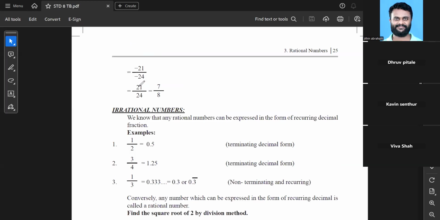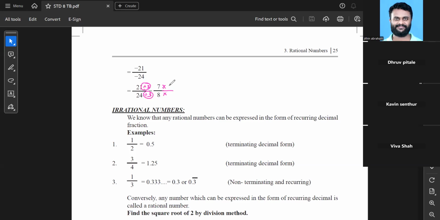See, basic thumb rule. What happened over here? You divided 21 by 3 and you divided 24 by 3, so you did a division in the numerator as well as in the denominator. If division in the numerator and denominator is allowed to get 7 and 8, similarly, multiplication in the numerator and denominator is also allowed. You can multiply the numerator by any number as you wish. The only condition is you will have to do the same thing in the denominator also.